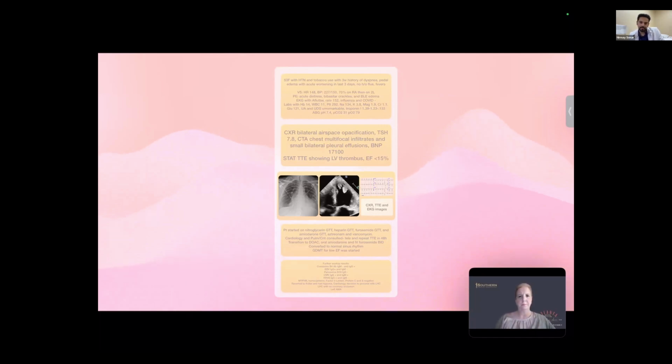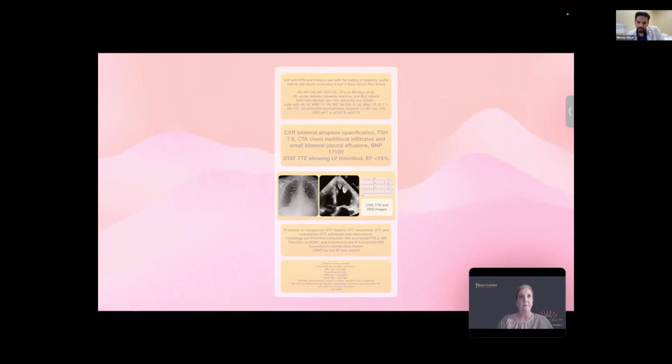This is the very interesting part of this case: in the middle image, you'll see the left ventricle and an apical thrombus that looks like the size of my thumb, honestly. It was a mobile thrombus that was moving, and this patient had an EF of less than 15. She was doing pretty poorly, so we brought her to the ICU.